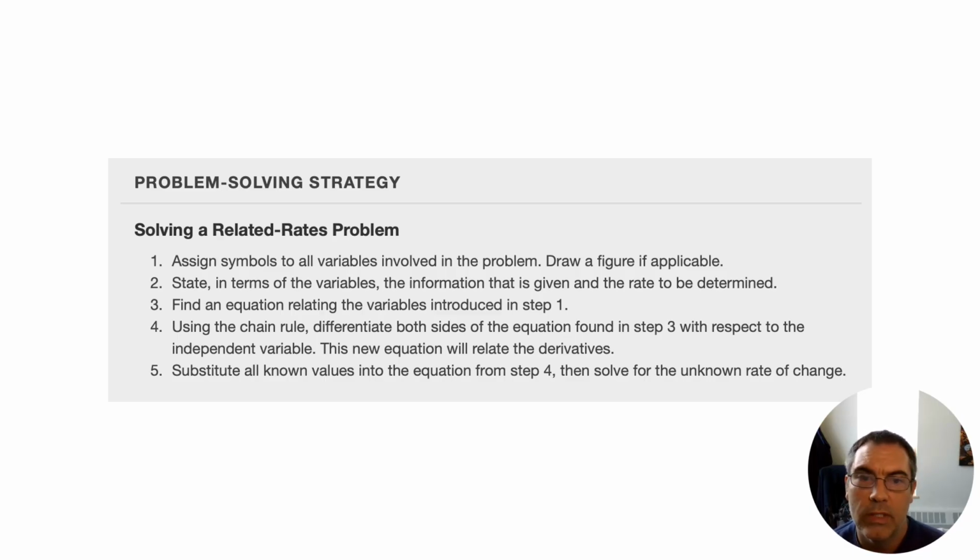Then you need to look at the relationship between them. And so numbers 2 and 3 here are identifying the variables, or quantifying the variables that you need to relate, and then putting down an equation that relates those variables.